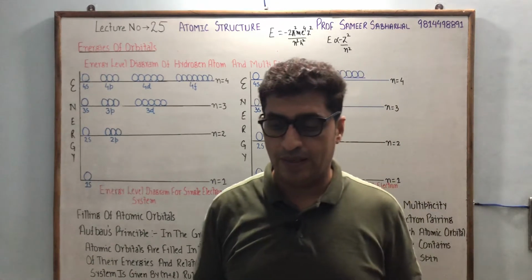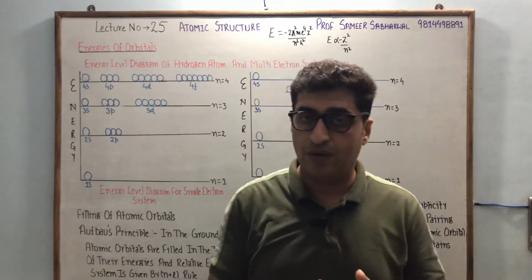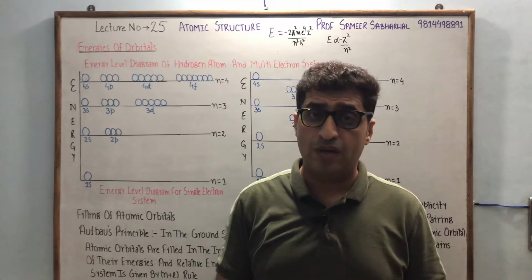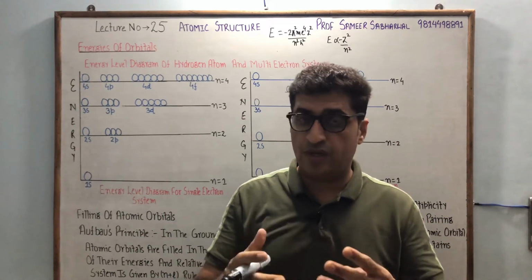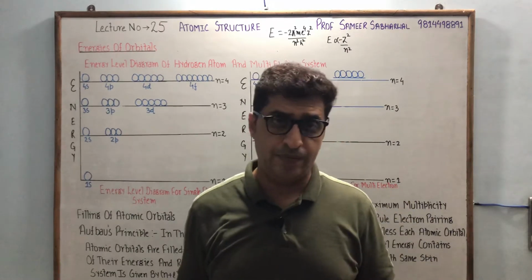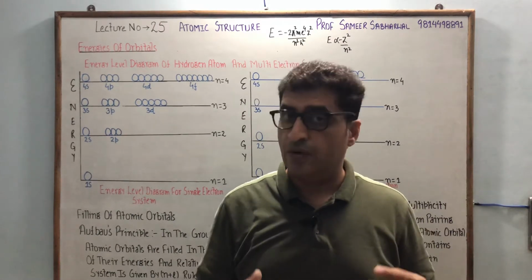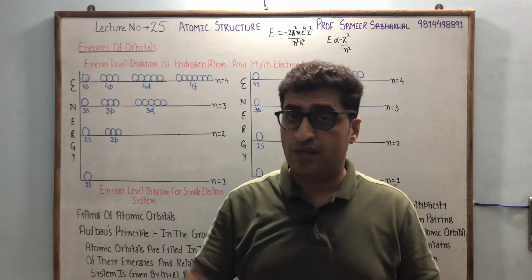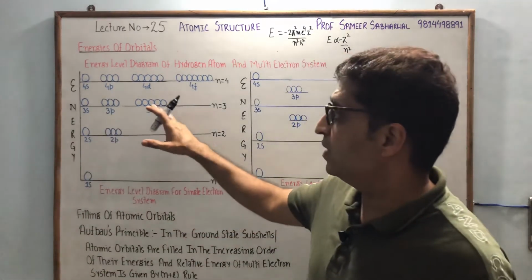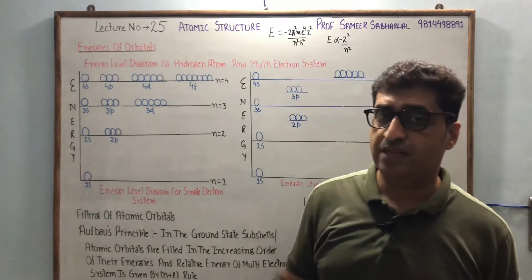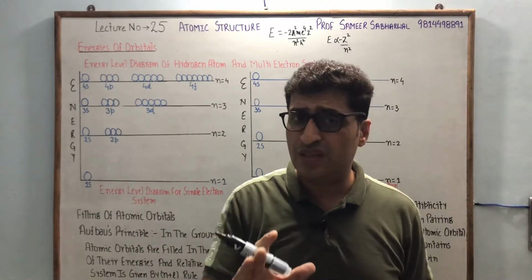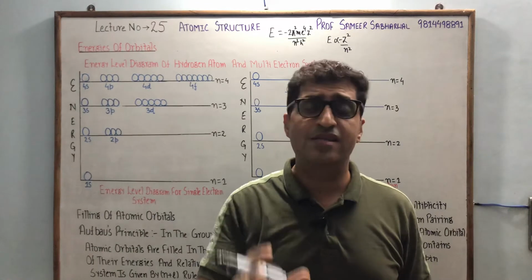So I can expect that you have got proper information about the energy of sub-levels. Basically we do not have sub-levels in the hydrogen atom, we have only levels, right? And in those levels I'm showing 4s, 4p, these are basically subshells lying on the same level. So all subshells have the same energy because we say that energy is decided by n in the case of a single electron system.